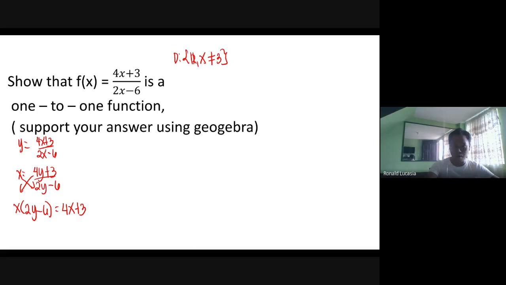Nakalimutan mo yung 2, John Mark. So, distributing this, we have 2xy minus 6x is equal to 4x plus 3. Okay, correct? So tama ang sagot ni John Mark. Solution ko ang mali.